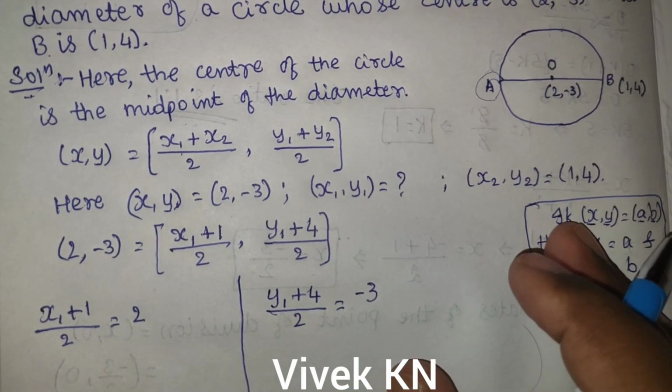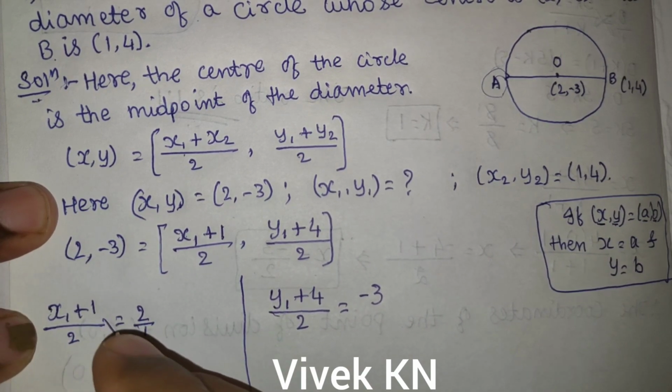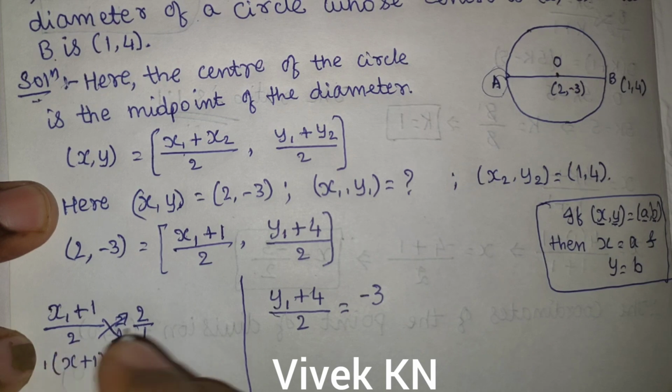Here let us do cross multiplication. 1 into x1 plus 1 is equal to 2 into 2, which is 4.